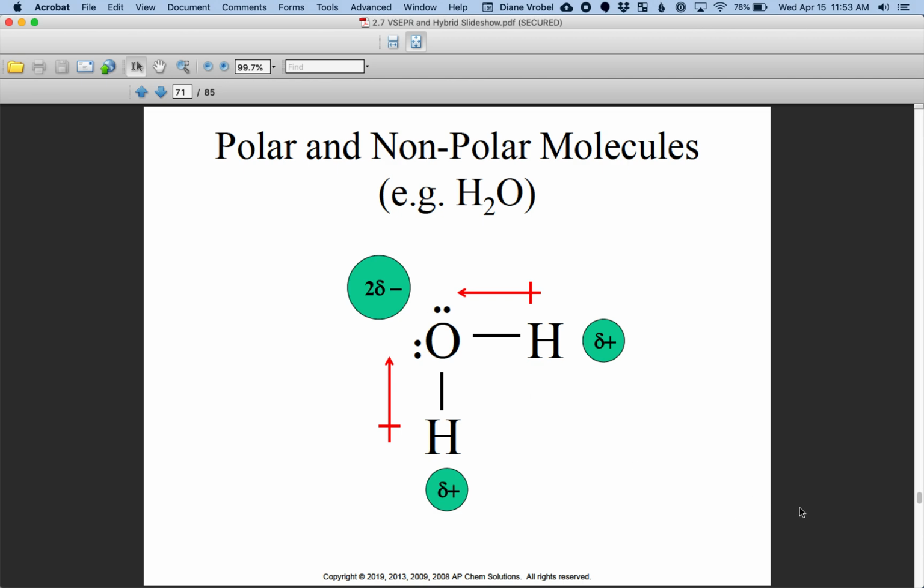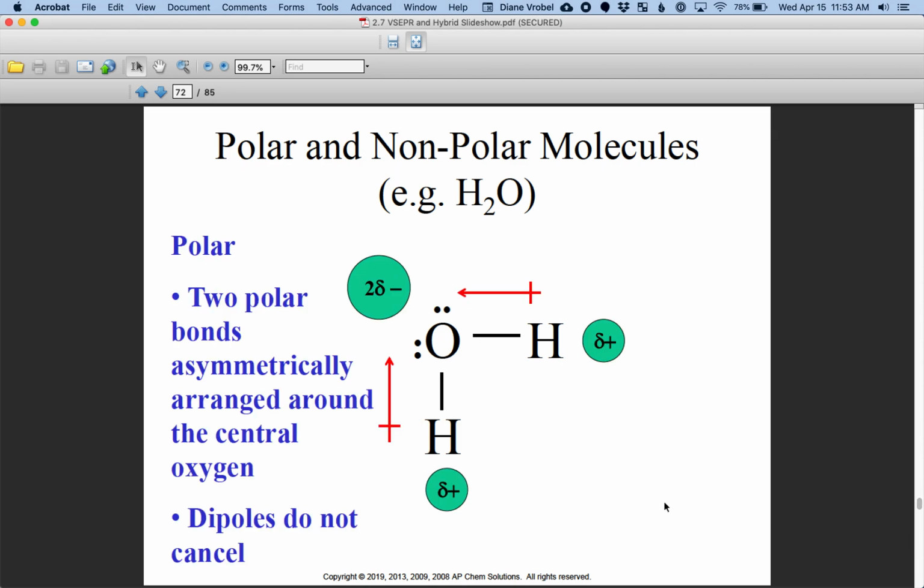So what does this mean? This means that they do not cancel. The key piece here is asymmetry. The other thing is I tell people a lot that the presence of lone pair electrons is an indicator.